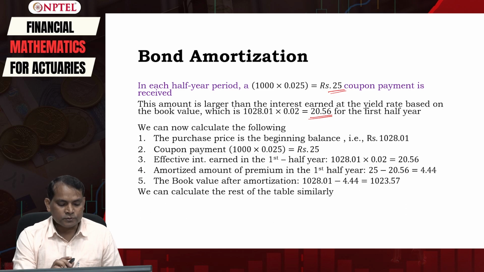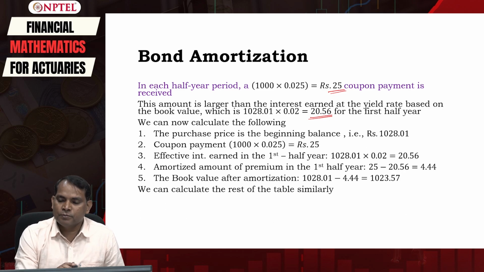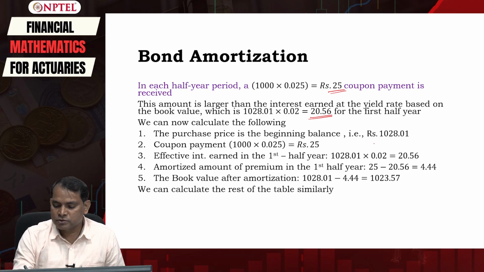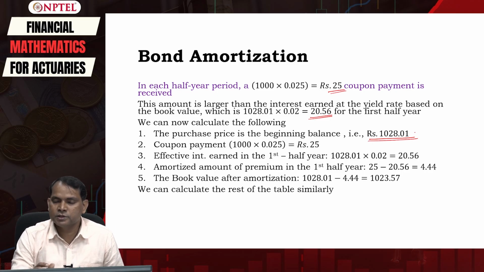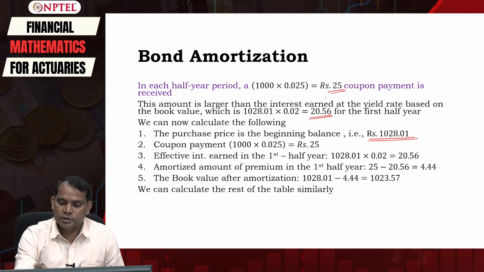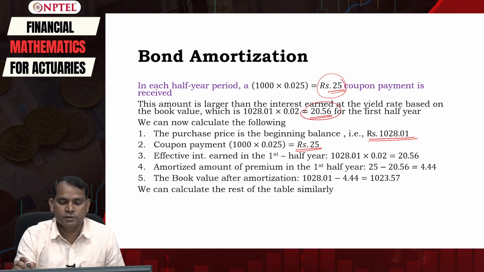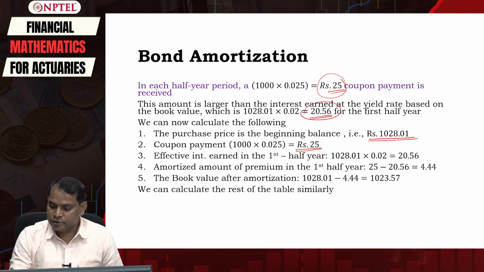Now we can compute the rest. The beginning balance, which we have already computed using the basic price formula, is 1028.01. The coupon payment, which we have already computed, is 25 rupees. The effective interest earned in the first half year is 20.56.